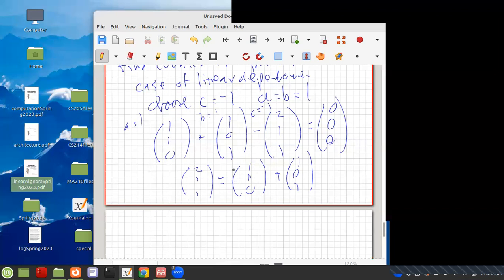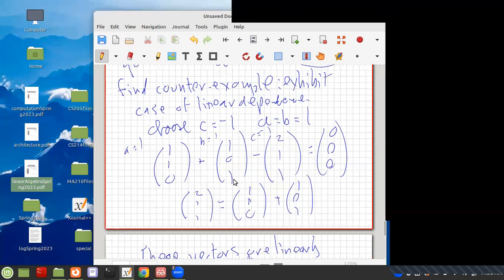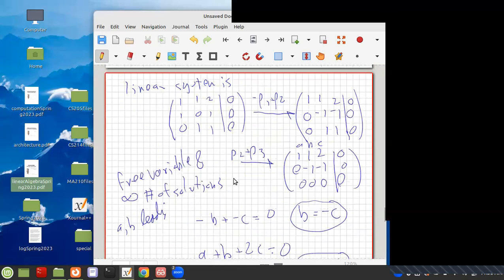But this is how it plays out, so that we can see these vectors are linearly dependent. I mean, formally, logically speaking, you could stop up here with a free variable and an infinite number of solutions, therefore they're linearly dependent.